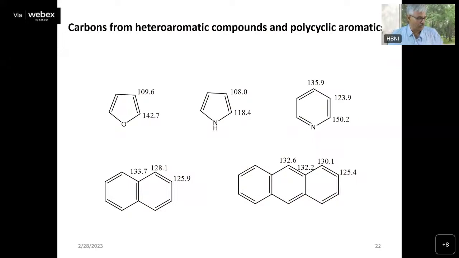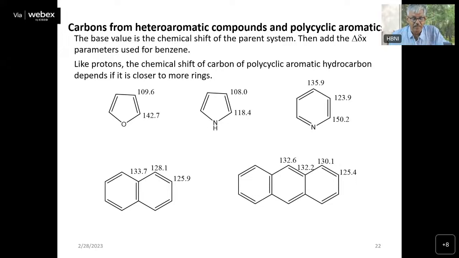Now if you consider the heteroaromatic compounds, in that case you should take the base value from the parent hydrocarbon. Again, you must remember that for benzene it was 128.5. But these values are substantially lower because this is a 5-atom 6 pi electron system, so the electron density on each atom is much more compared to benzene.